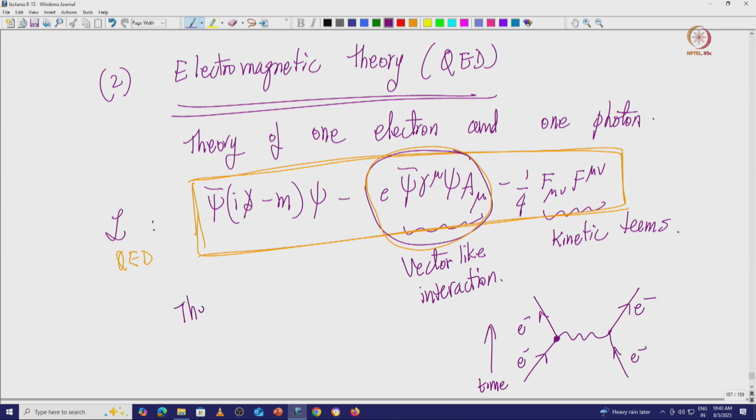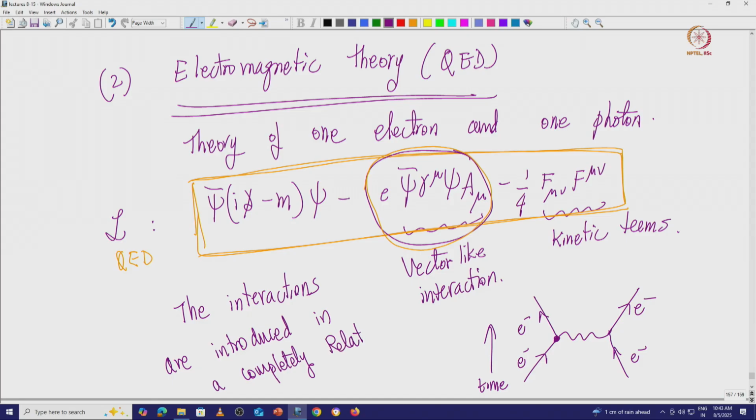The interactions are introduced in a completely relativistic fashion.